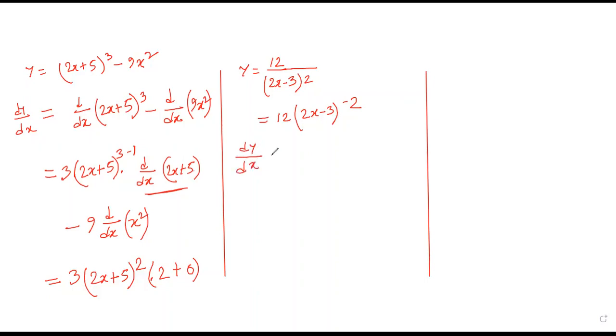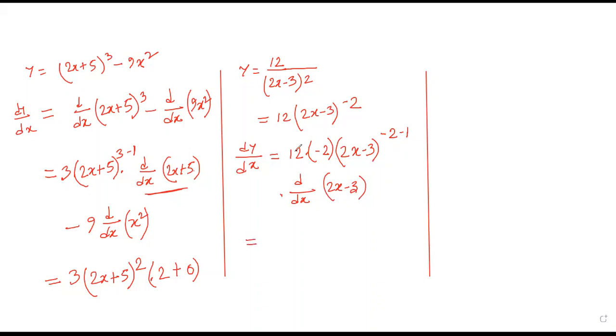dy by dx is equal to 12 into the power, which will come here, minus 2. Then (2x minus 3) to the power minus 2 minus 1, I will subtract 1 from the power. Then do the differentiation of the base, 2x minus 3.